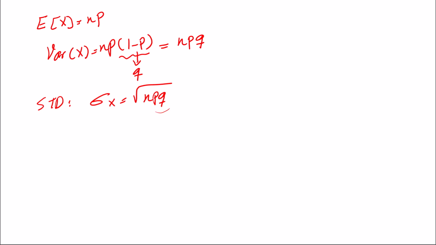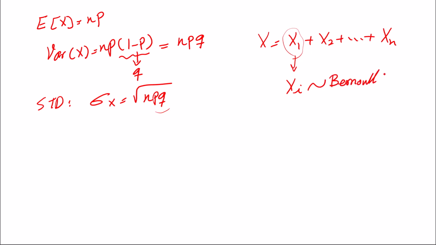So the binomial distribution, as I said, is the sum of n independent Bernoulli trials. For example, we can say X is equal to X1 plus X2 plus up to Xn, and here each Xi follows a Bernoulli distribution with probability of p.